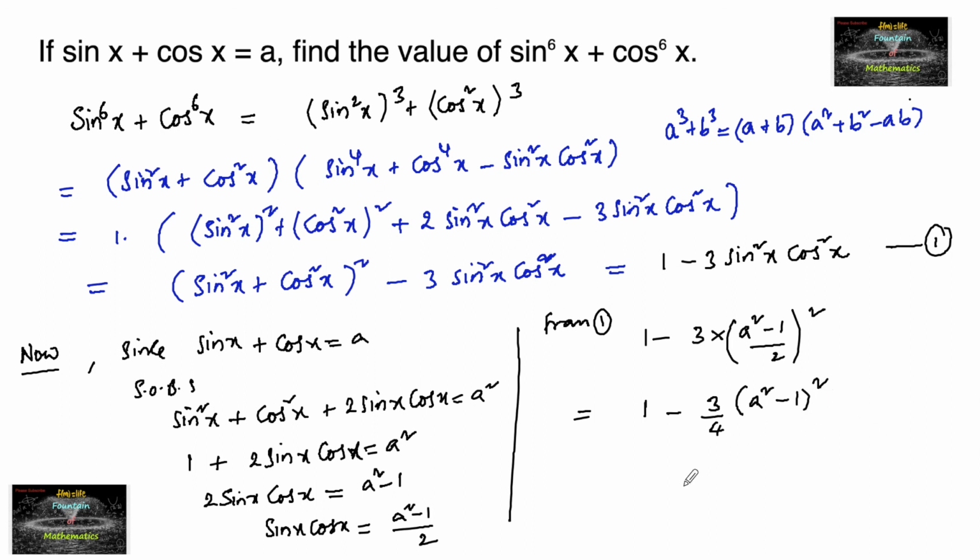So we can give the answer that sin power 6x plus cos power 6x is 1 minus 3/4 of (a square minus 1) whole square. Or we can also write this as 1/4 of (4 minus 3 times (a square minus 1) whole square) by taking LCM. Okay, thank you.